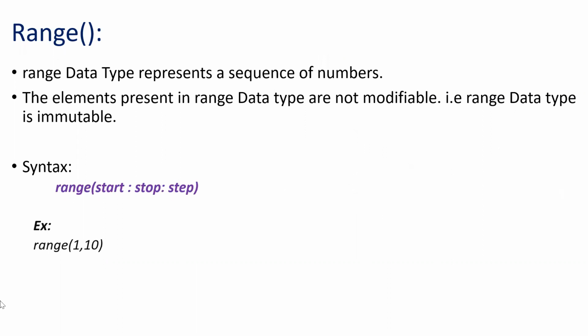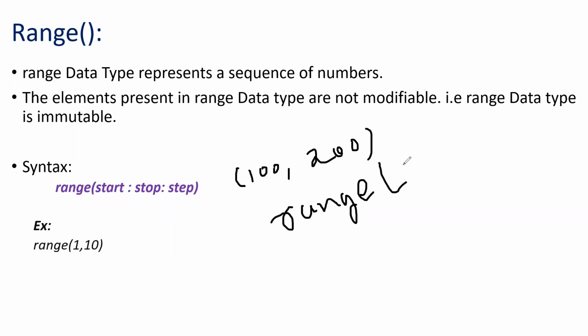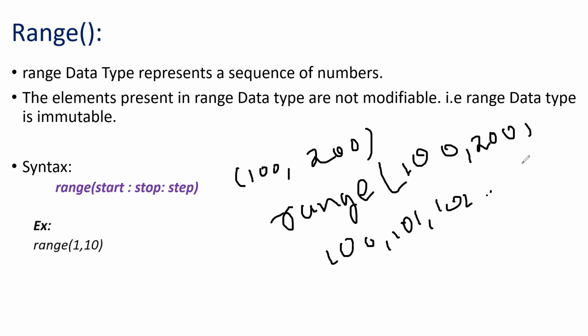If I want 100 to 200, I simply write range 100, 200. Then it will execute 100, 101, 102 up to 199.